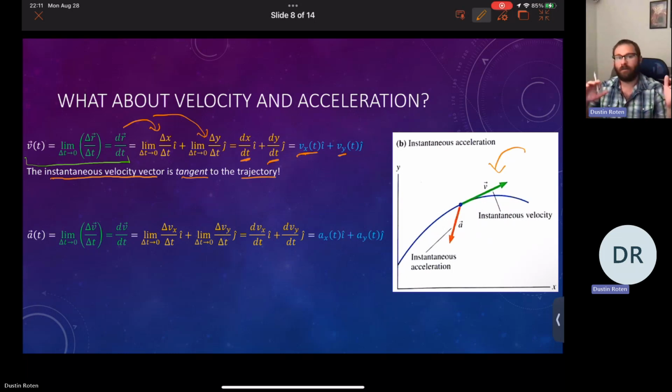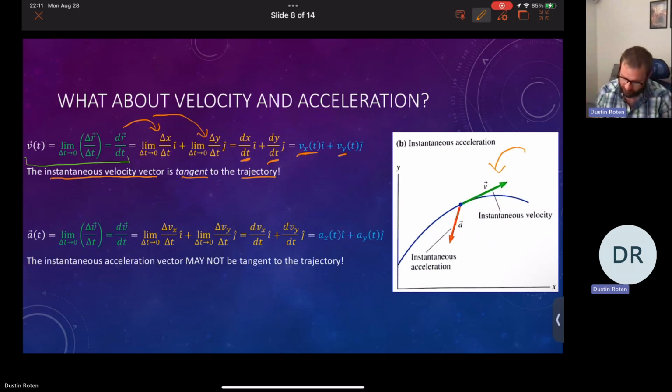Same thing happens. Second derivative of your position in the i hat direction, second derivative of your position in the j hat direction. That's your acceleration. Although the instantaneous acceleration may or may not be tangent to the trajectory. So you'll notice over here that the instantaneous acceleration is not necessarily tangent to anything in particular, which is totally fine.